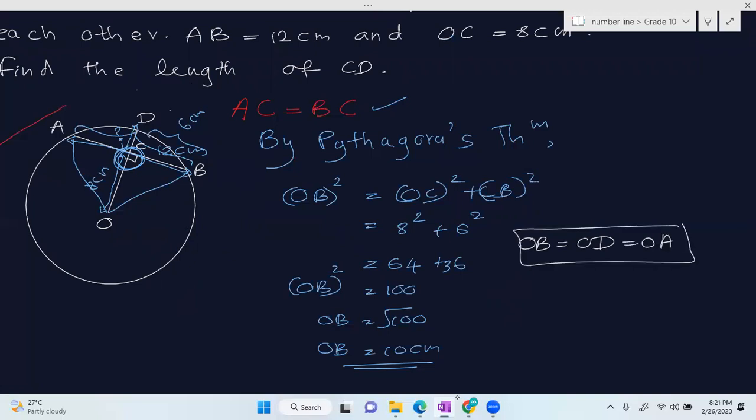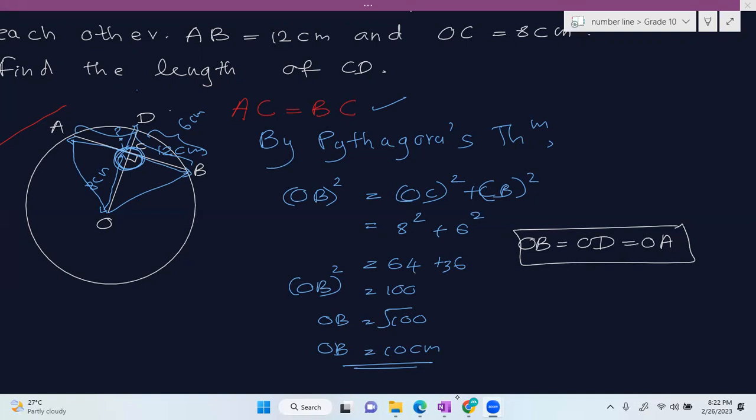These three line segments are equal to each other. Who can identify this one? Yes, they all are the radius of the same circle. Netusha, do you know what is the reason of OB equals OD equals OA?